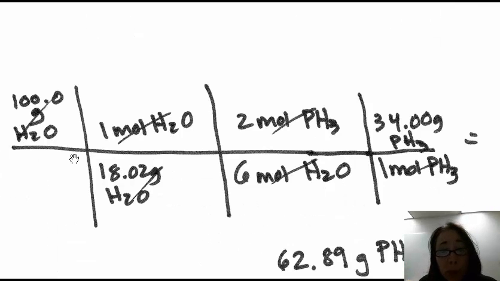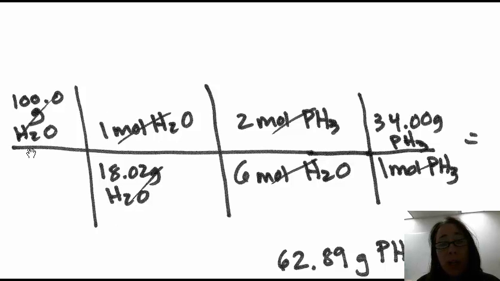Okay, so here's my setup for my railroad math. We always begin with what we're given, which was the 100 grams of water. And then in mass-to-mass stoichiometry, I need to convert my mass of given chemical to moles by dividing by the molar mass. So I see my grams of water cancels out. Then I have moles of water.